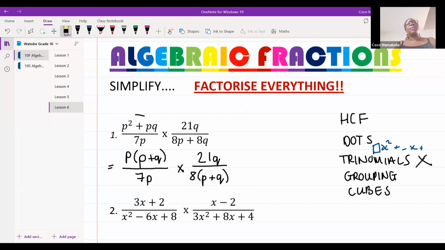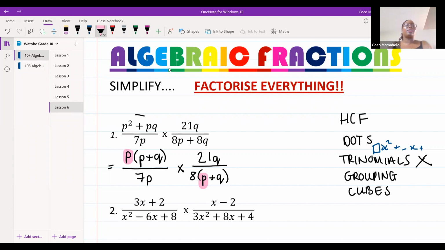The same with the p. This p is not p on its own. It's p plus another number. Okay, it's p plus the q. They're not the same thing. Not that p, this one out here. This p is a number on its own. We cannot then take this p and try and cancel it with that p, because that one is p plus something else.